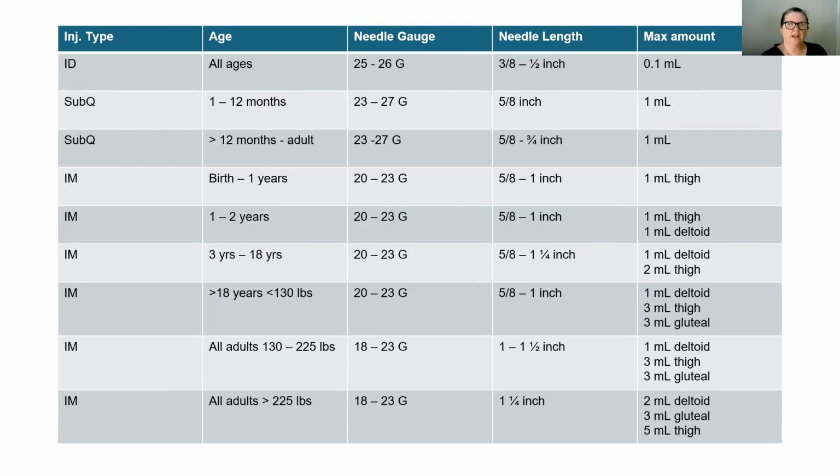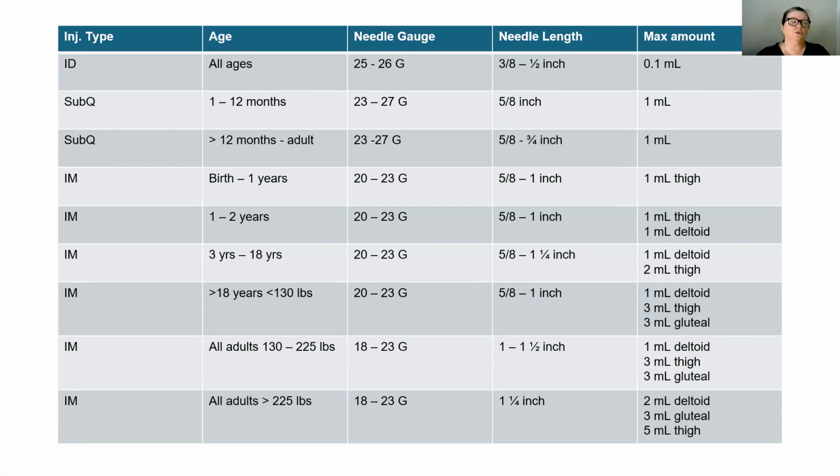What you're basically trying to envision in your head is how far do I have to go from their skin to get to their muscle? And if there's not a lot of fatty tissue, it's not that far. If there's more fatty tissue, it's further. So then you have to say, okay, I think a 1 inch should be fine as long as I put the whole 1 inch in there.